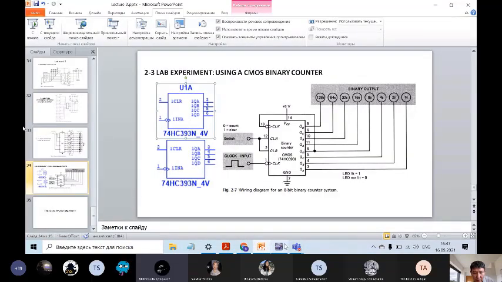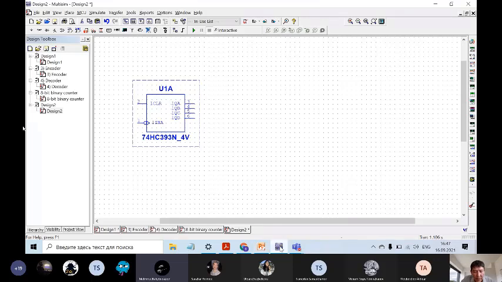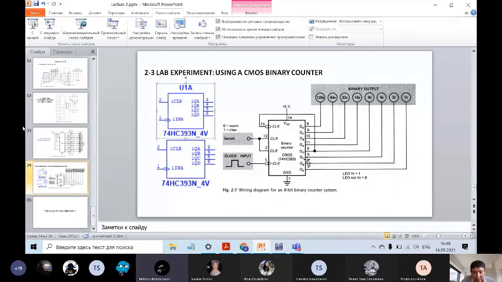Teacher, sorry, I have a question. Yes. Why is the 13th pin in the picture connected to the 6th? Very nice question. I will ask you about it tomorrow, but I will give you some clue. For example, when we start, first the lower ones work, but they have some limit, so when it reaches 1 1 1 1, it can't go further because it's its limit.